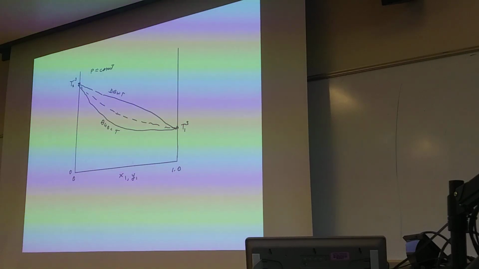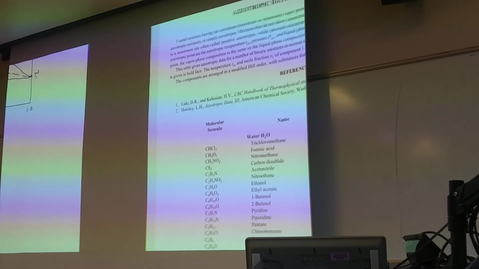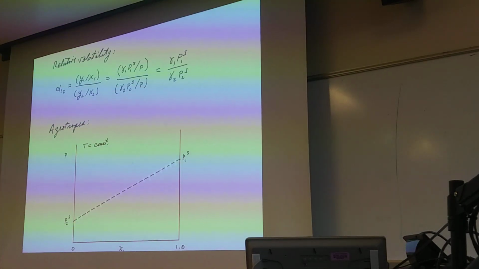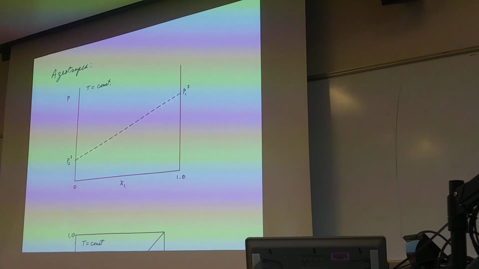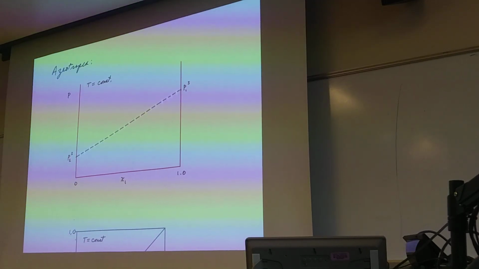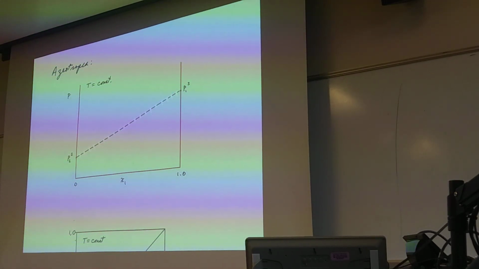Now, it's not uncommon for us to have deviations that are rather large. By that, what I mean is that if I'm talking about a bubble point pressure curve, let's say it goes through a maximum on its way from one pressure to another.